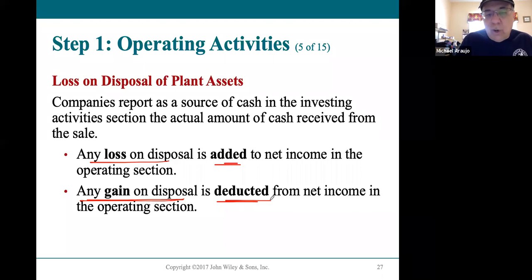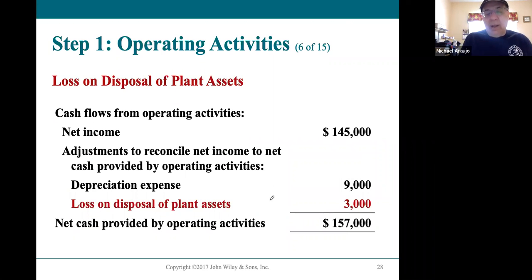So we're just reversing the gains and losses. Now, in this case, the only thing this company had was a loss on plant assets. Well, that loss was taken out of the net income, so we're going to put it back, and that's technically because it didn't cost us any cash.